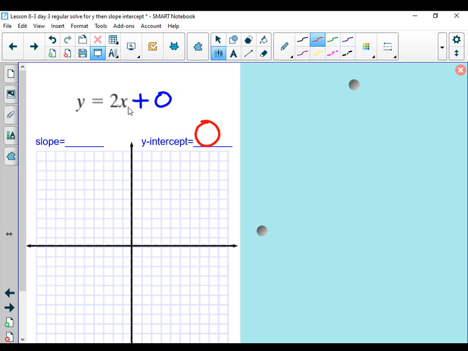Why do I even care about the y-intercept? Isabel? Because it can help you make the line when you add the rise and run. The y-intercept is basically where my line is starting.